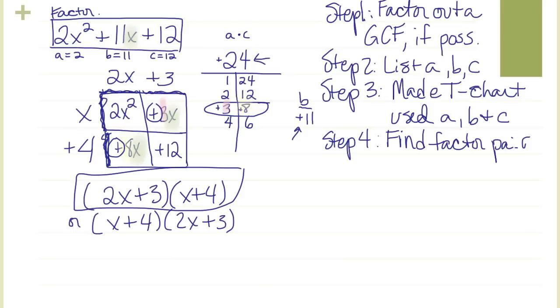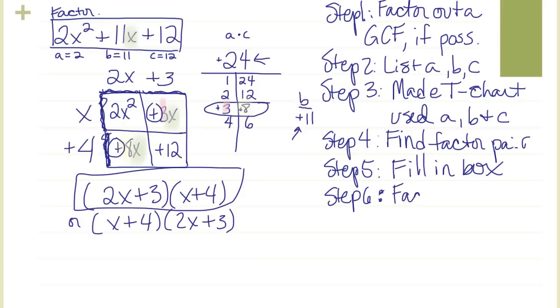Again, I'm not going to write detail about what made it work here, but you can put that detail in if you like. Find the factor pair that we're going to use. Step 5 was to fill in the box. Again, you can put more detail here if you'd like. Step 6 was to factor out the GCF of each row and column in the box.